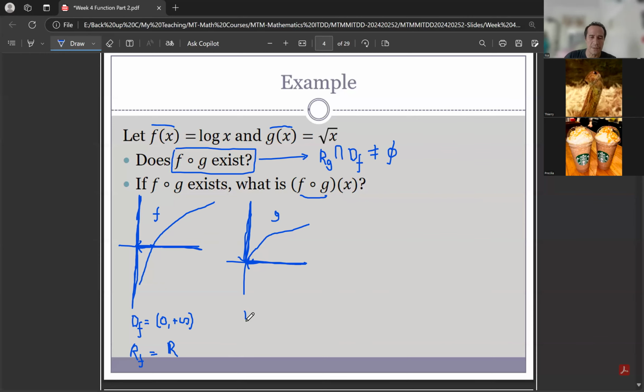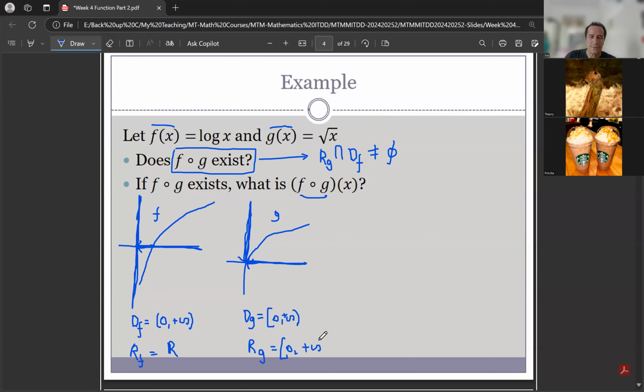So the domain of g will be zero included, in this case, because we can put zero under a square root, so from zero to plus infinity. And Rg is also from zero to infinity.